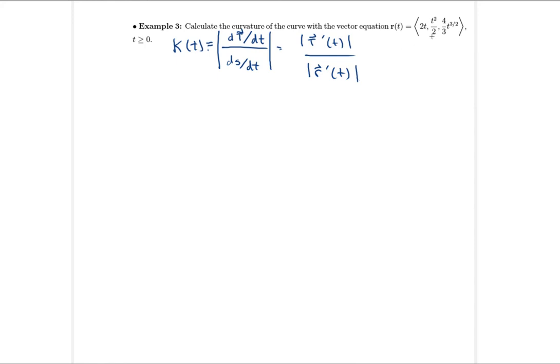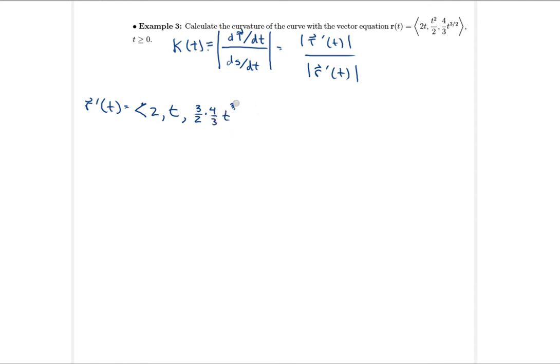So we already have r of t, so let's start with r prime of t. So that's going to be 2t, and then when I multiply 4/3 by 3/2, I get some nice cancellation here.